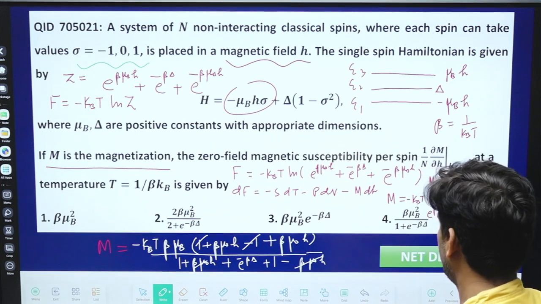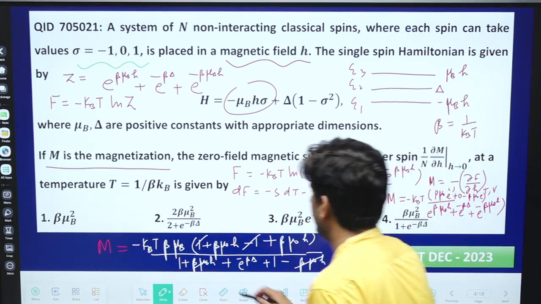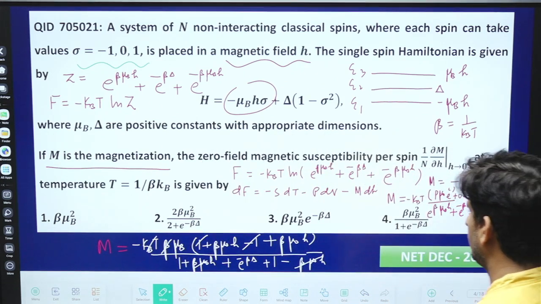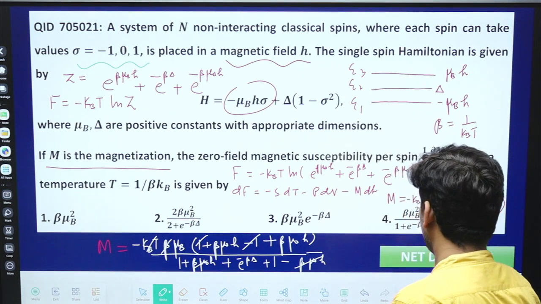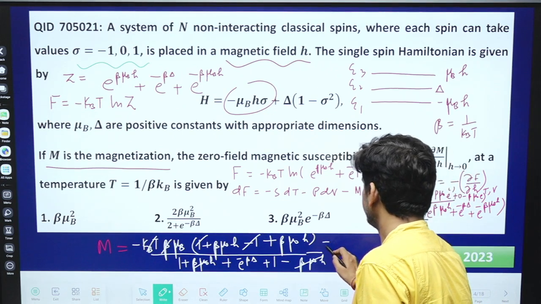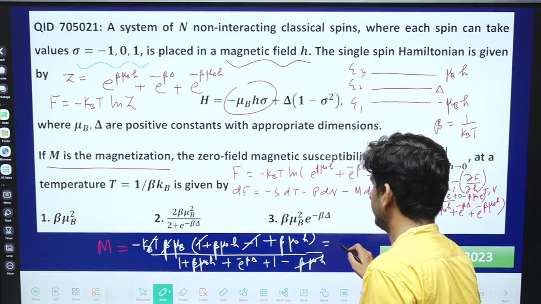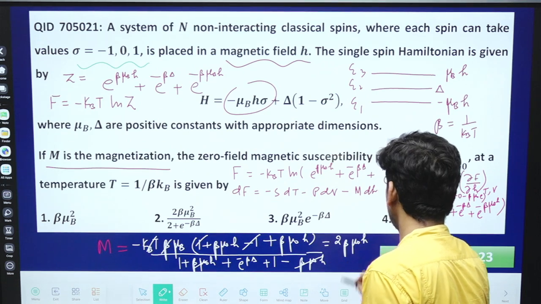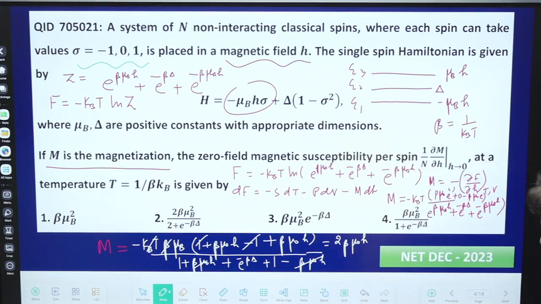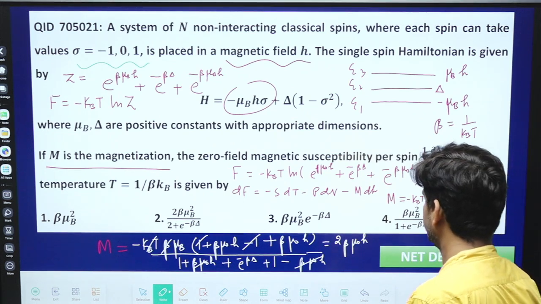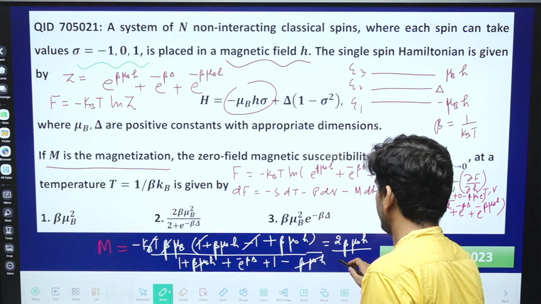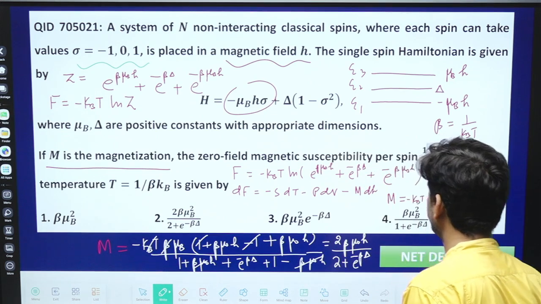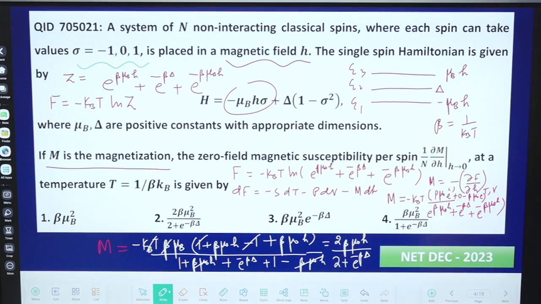What you get is 2 beta mu_B H upon 2 plus e to the power minus beta delta. This is the value we get.